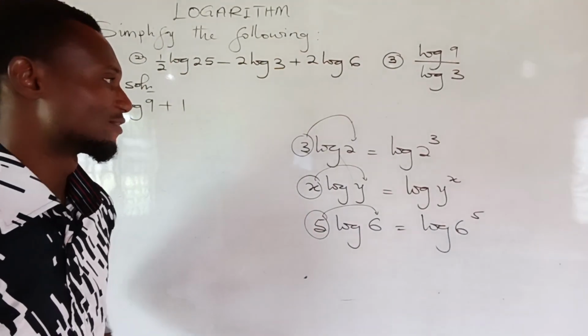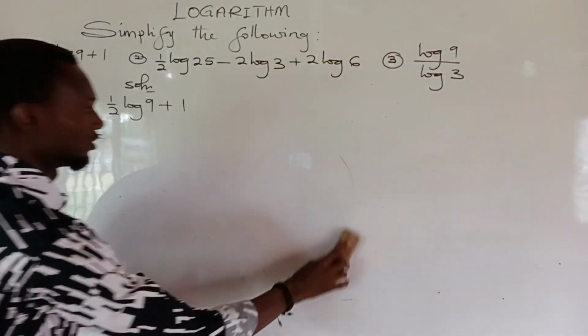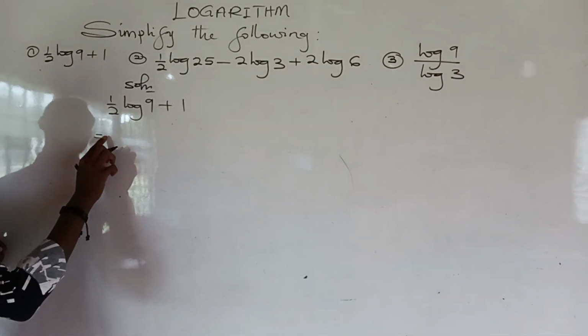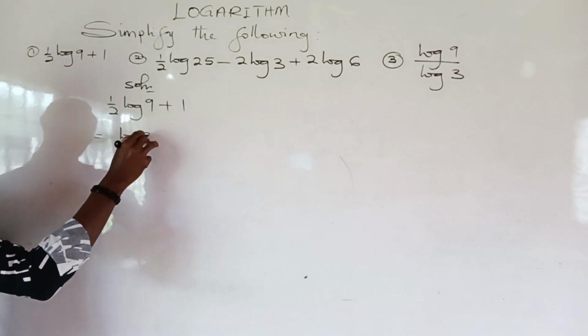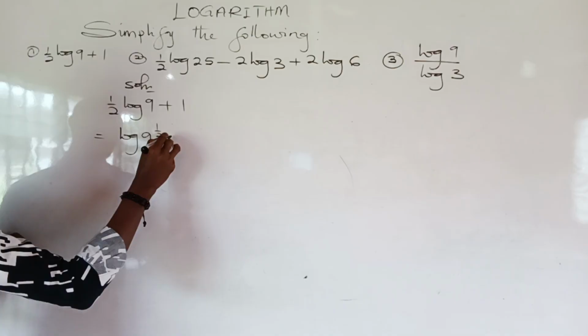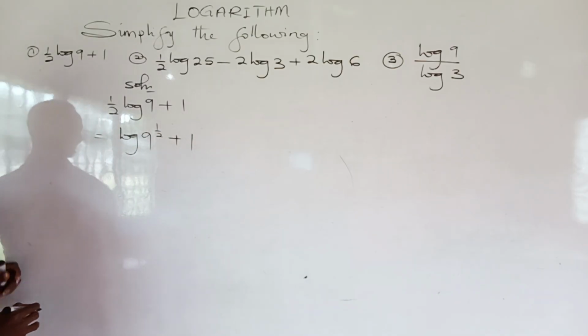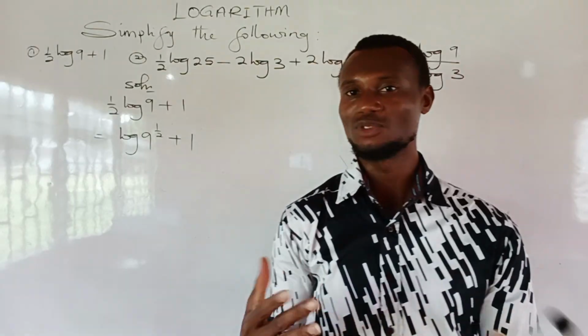So I'm going to clean this from here and we are going to apply it here. Okay, so now I'm going to write this one as log 9 to the power half. Then I'll bring my plus 1, which is here. I hope the explanation is clear enough up to this point.